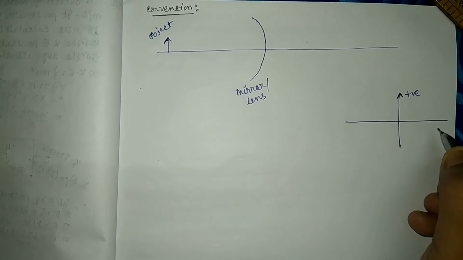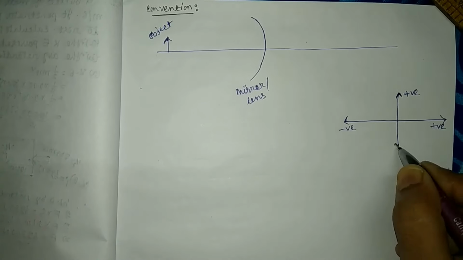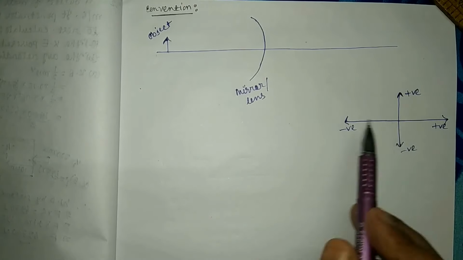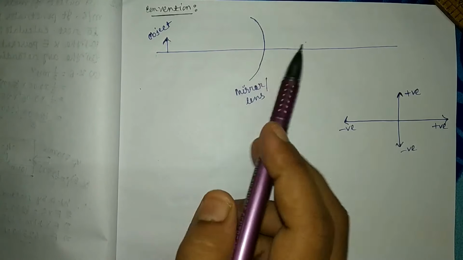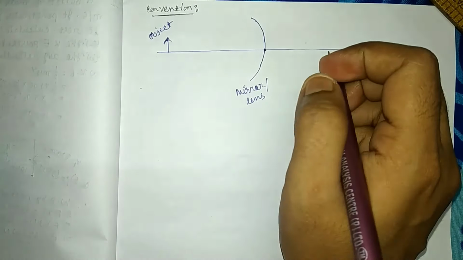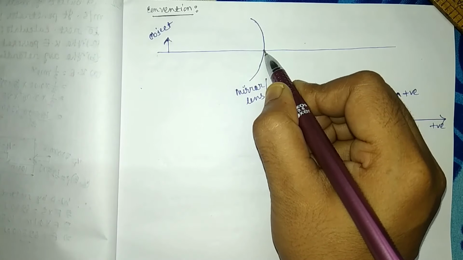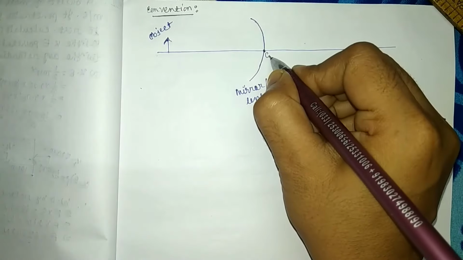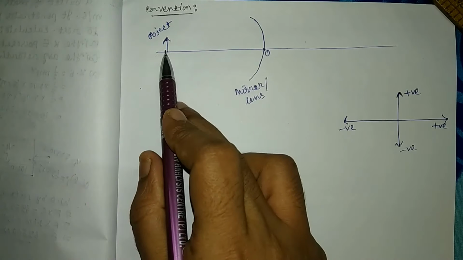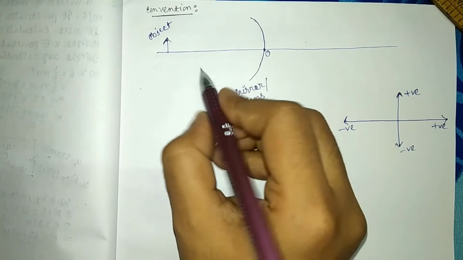This side positive and this side positive. This is negative and this is negative. So the object is placed at the left side of the pole or optical center. For mirror it is called pole and for lens it is called optical center. Okay, this is O. So the object is placed on the left side of the O. That's why the distance is always negative.